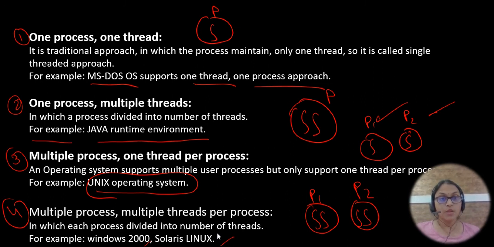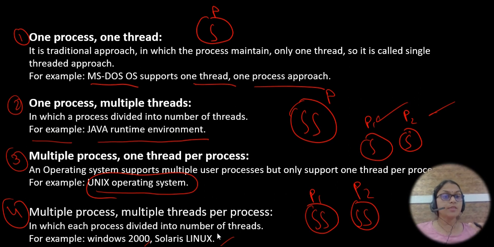In operating systems, different operating systems use different threading concepts. MS-DOS supports only the one to one approach, one thread and one process. The Java runtime environment, which you use for executing Java programs, uses one process, multiple threads.